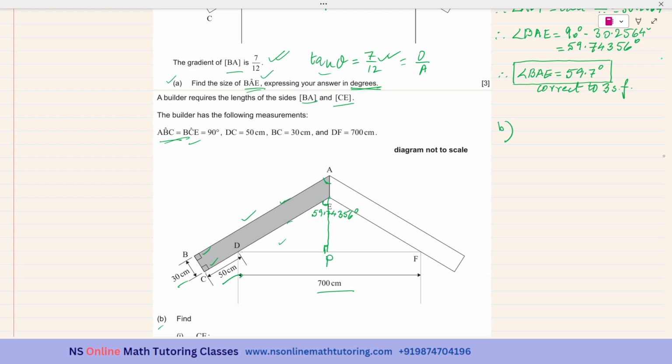So since you should be drawing this, you should be extending this E line so that you get the triangle DEP.